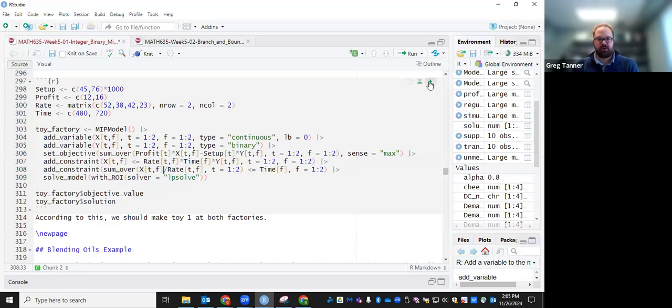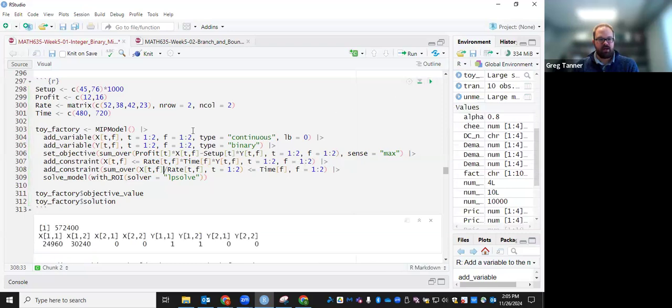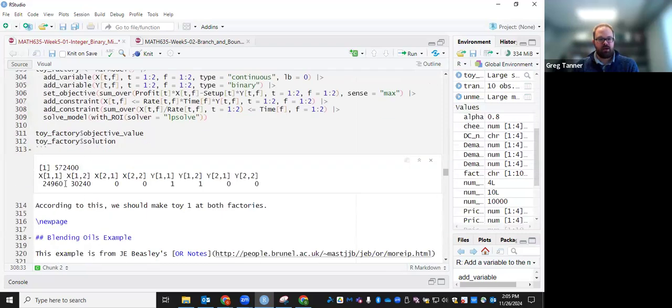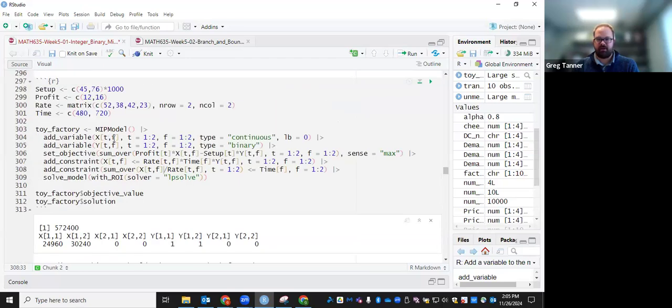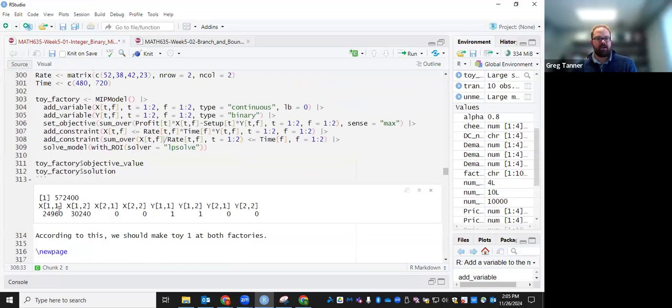Okay, let's go ahead and run this. And here's our solution. We'll get a net profit of $572,400. Looks like we're going to be making toy 1, because the first index is T, the second index is F. We're going to be making toy 1 at both factories, and we're not going to be making any toy 2.